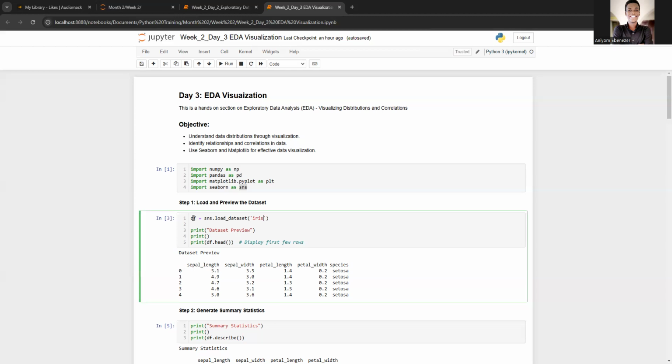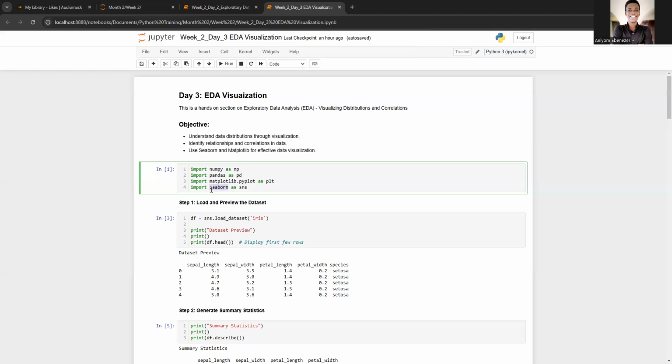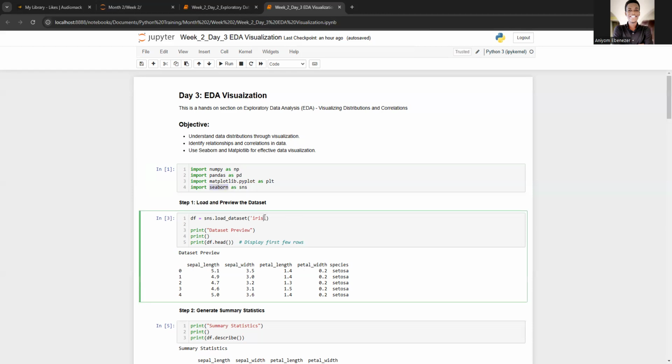This iris data is in Seaborn. Seaborn is one of the tools that we're using for our visualization. It's an open resource library where we can get several algorithms that can be used to plot or visualize our data. Iris is a data set that has been preloaded on Seaborn.